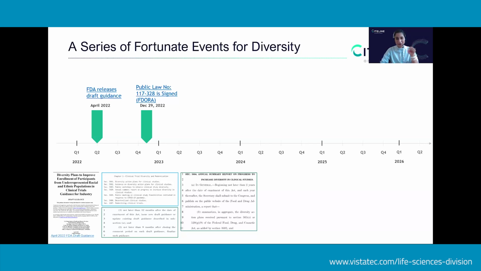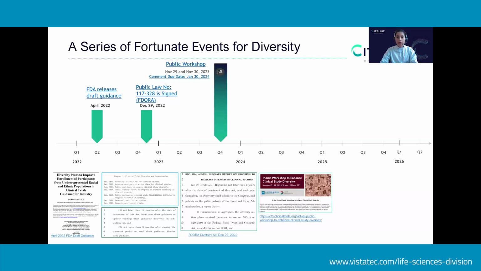However, the federal requirements take those plans a step beyond race and ethnicity to also include enrollment by age group, sex, and other non-demographic characteristics. As part of the law, FDA had to run a public workshop that happened at the end of 2023.